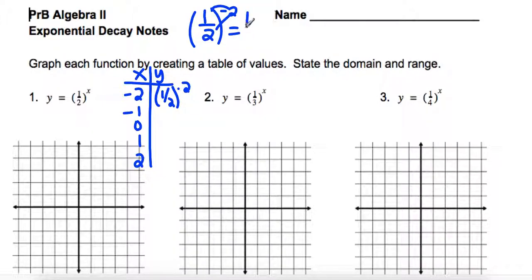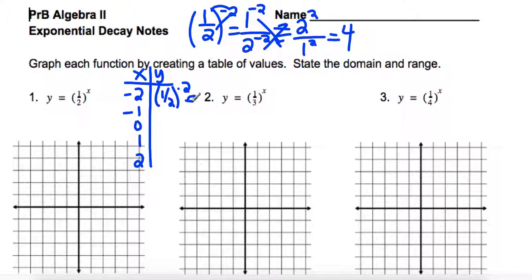So this is the same thing as 1 to the -2 and 2 to the -2. Now remember, when we have negative exponents, if we want to get rid of negative exponents, we move them across the fraction bar. So basically what happens is this comes up to the top and this drops down to the bottom. So we have 2 squared over 1 squared, which is going to turn out to be 4.